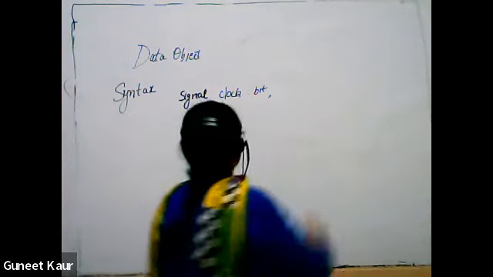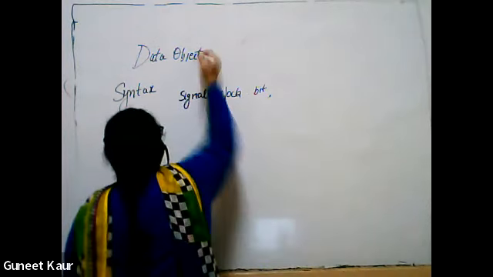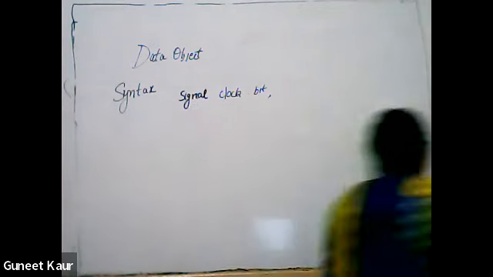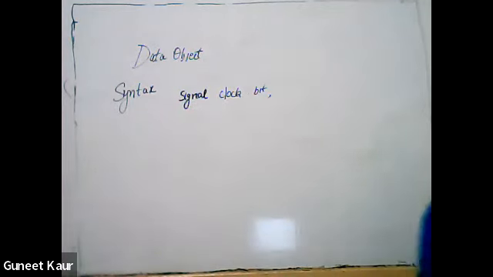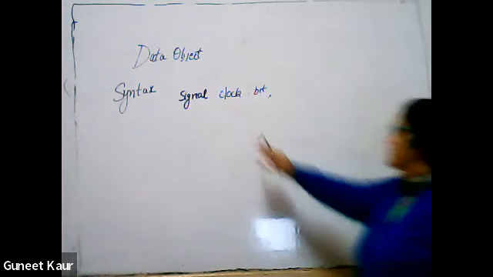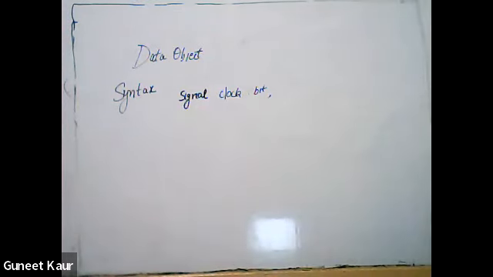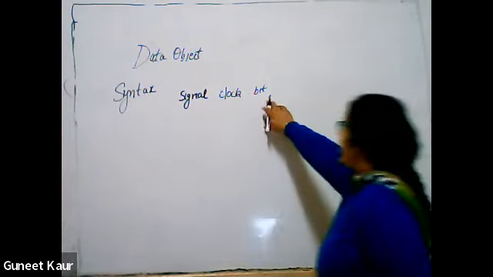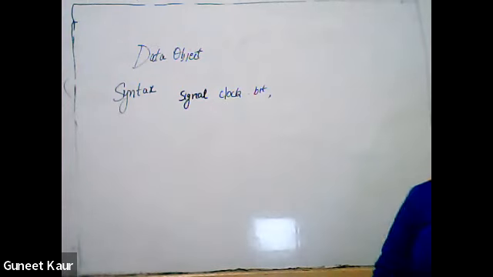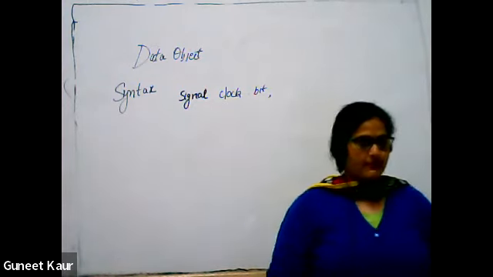So this is the syntax for the data object. In this syntax, this shows the creation of an object called clock. It will create an object named clock, and the value to be held by it is of bit type.